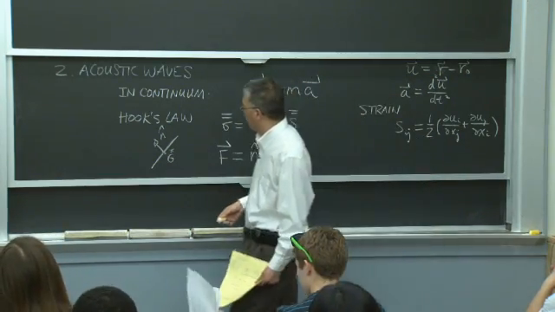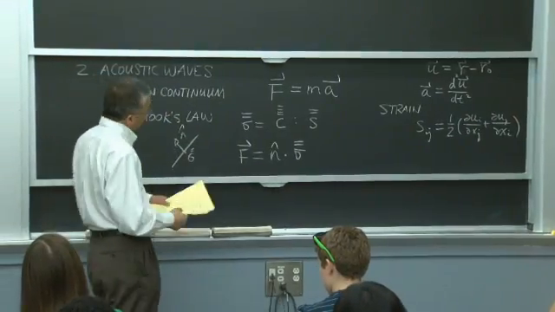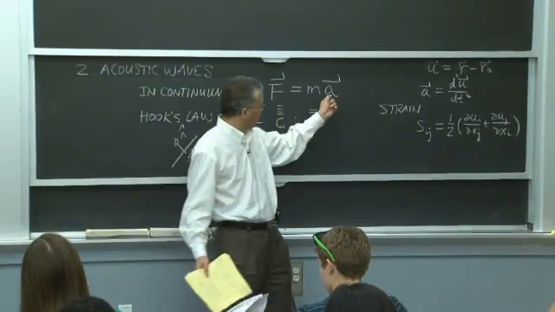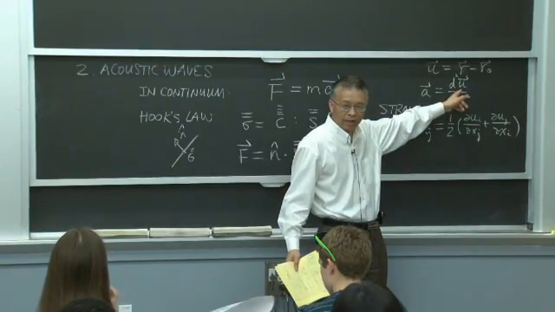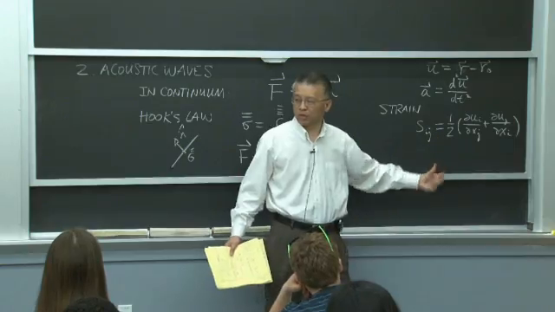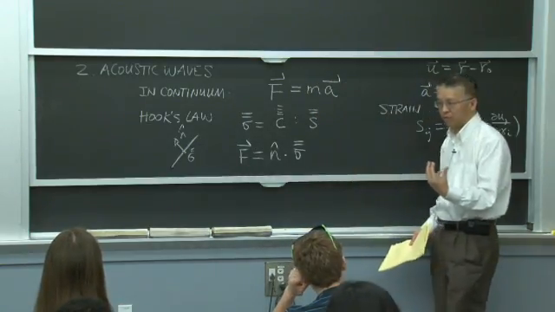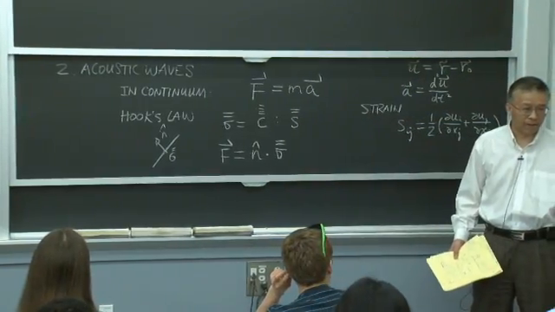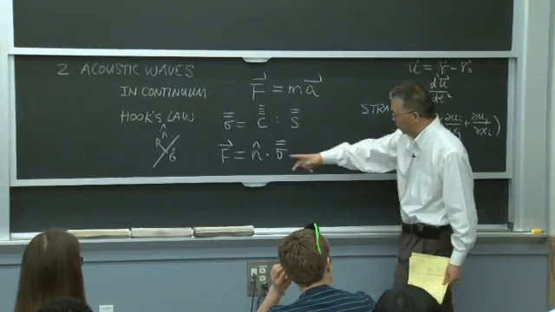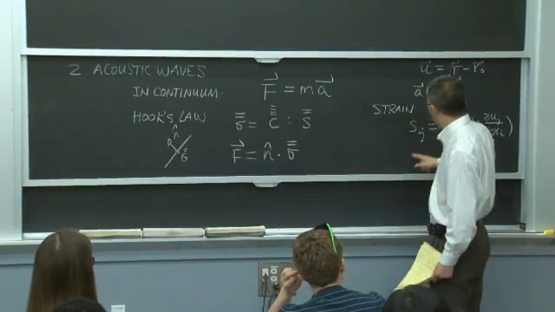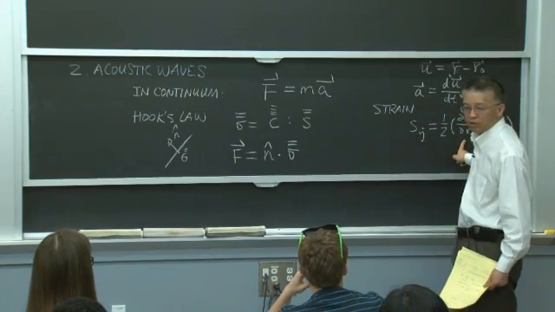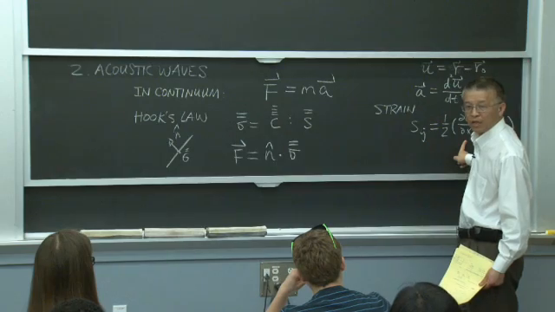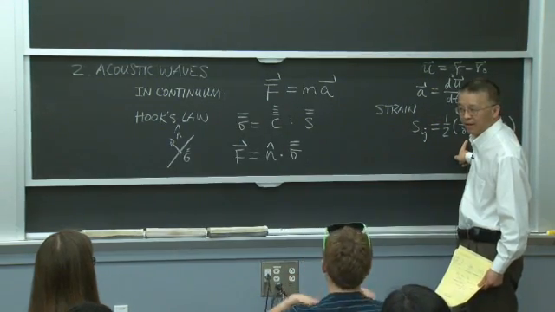But if I look at this, on the left-hand side I get the second order time derivative, right? I should get the second order space derivative on the other side to get a wave equation. The way I wrote F equals n sigma, with sigma proportional to S, is only first order in space. It's not second order in space yet.